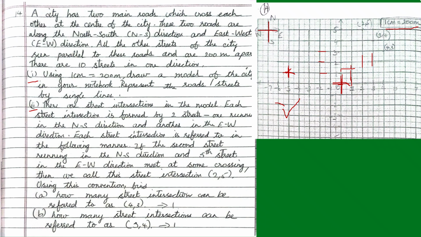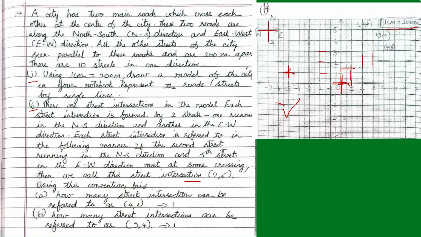Each street intersection is referred to in the following manner. If the second street running in the north-south direction and the fifth street in the east-west direction meet at some crossing, then we call it the street intersection 2, 5. Let's look at what they mean by the street intersection 2, 5.